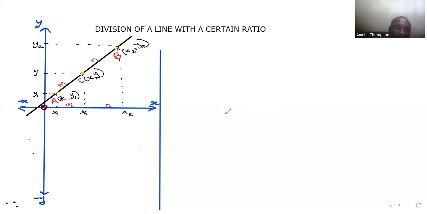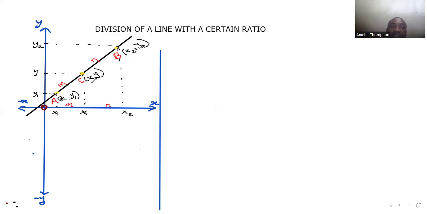So we have the 3 points on the same line. For those 3 points to be on the same line, that is where the word collinear comes from. Whenever points are arranged on the same vertical or horizontal line, or slanting lines like this one, or inclined plane, these points are said to be collinear because all of them will have the same slope.